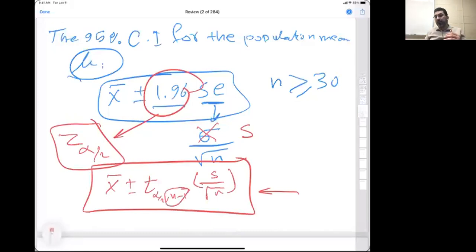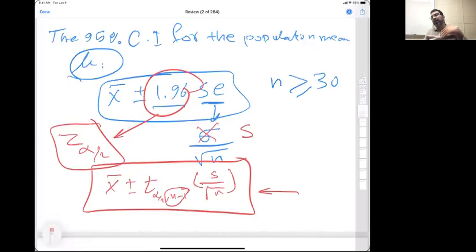The T distribution is very similar to the normal distribution except for one thing: it's flatter than the normal distribution, because its standard deviation is greater than 1. When we increase the sample size, the T distribution curve becomes closer and closer to the normal distribution according to the central limit theorem.